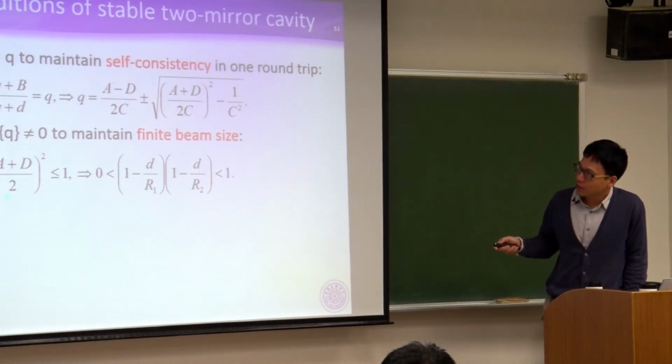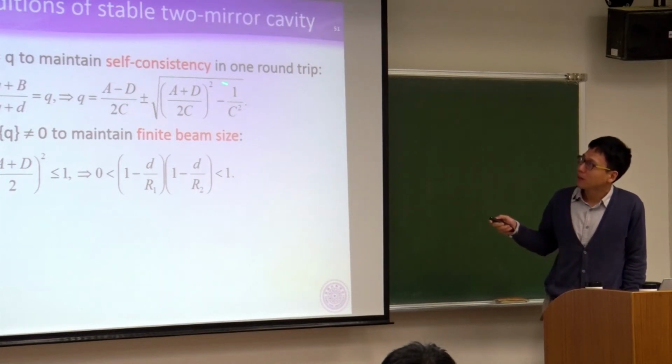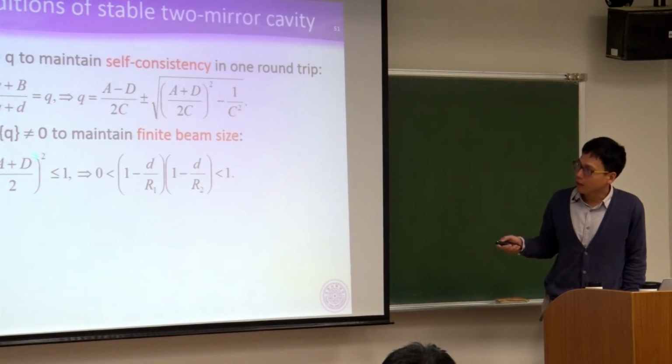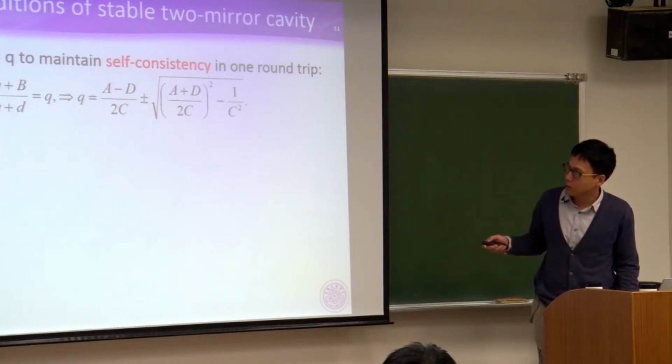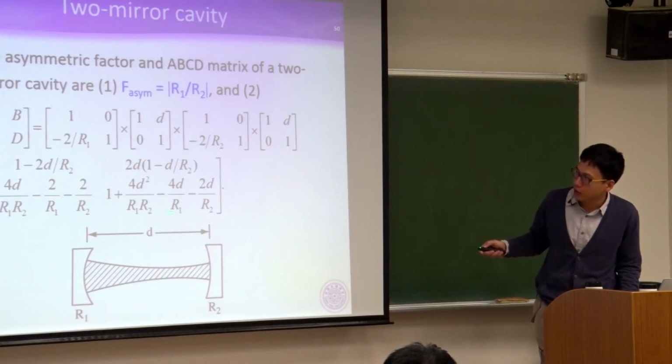So that's why you have an inequality like this, because the square root of a negative number has to be satisfied. And if you substitute the representations of A and D from the previous slide, this is your A, this is your D, right?